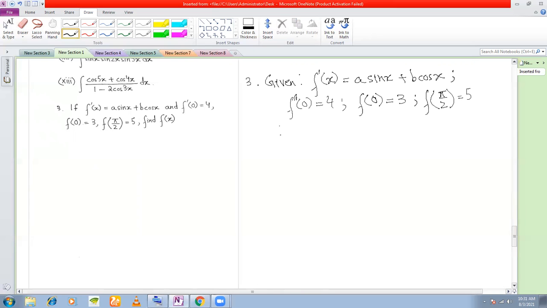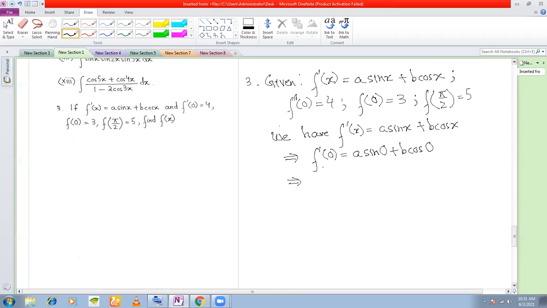Okay. So first of all, since f dash 0 is given, we have f dash x is equal to a sin x plus b cos x. Now put x is equal to 0. You get f dash 0 is equal to a sin 0 plus b cos 0.